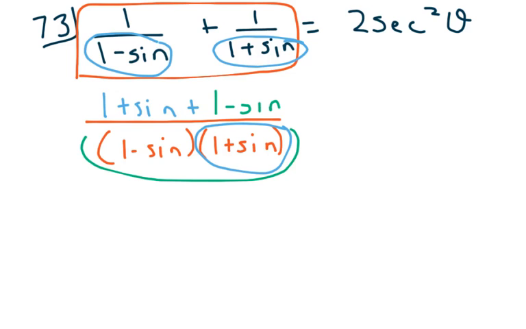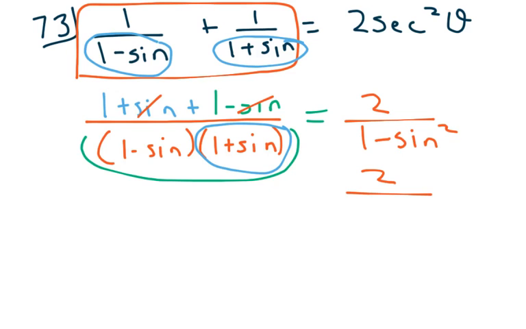So what happens here, in the numerator the sines will cancel out, and we're going to have 2 over 1 minus sine squared, and we know that 1 minus sine squared is cosine squared. And we know that 1 over cosine squared is secant squared.